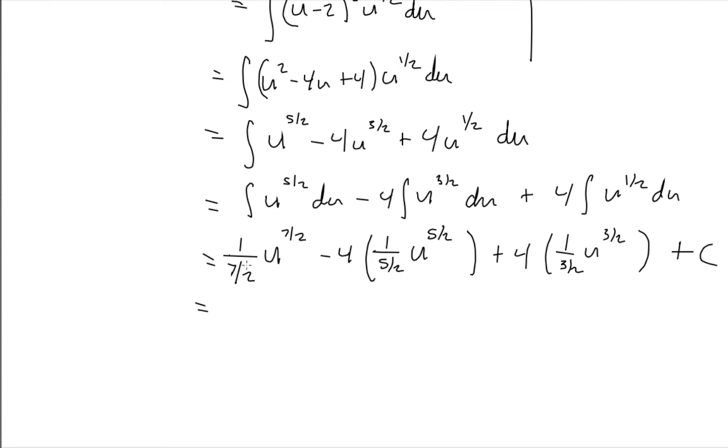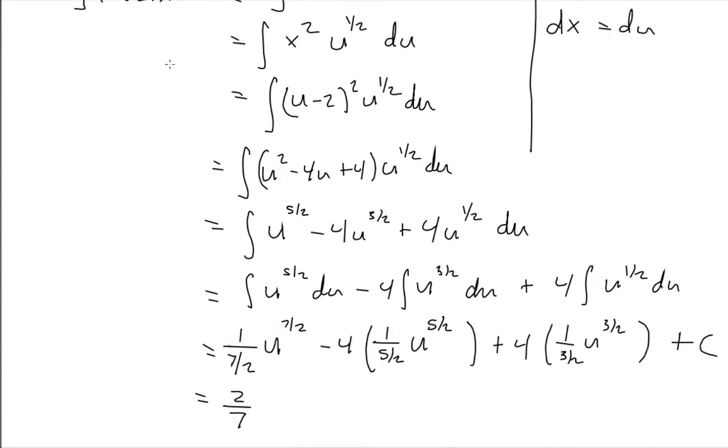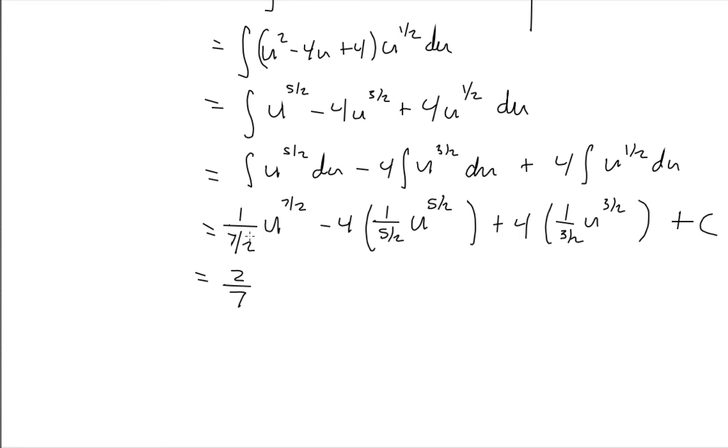Okay, so now I go back here and simplify things a little bit. 1 divided by 7 over 2. How do we divide fractions? We flip and multiply. This ends up being 2/7 u to the 7 halves, and I know what u actually is. u is 2 plus x, so I can go ahead and replace all the u's by 2 plus x. 2 plus x to the 7 halves.